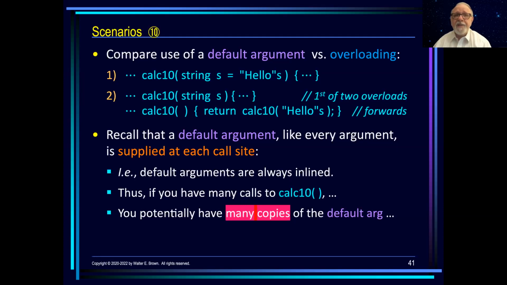On the other hand, if I were to use an overload set instead, as shown in bullet 2 above, I will have only one copy of this value, and it probably won't be inline. It'll be local to the body of the function.